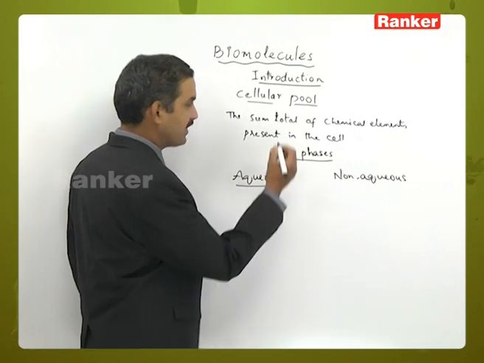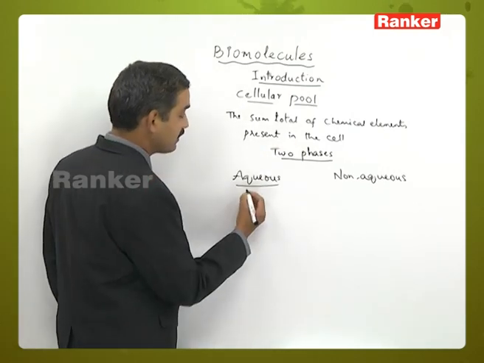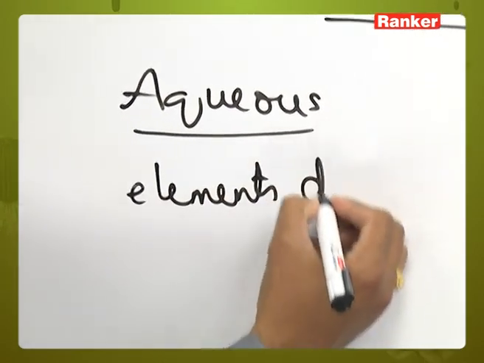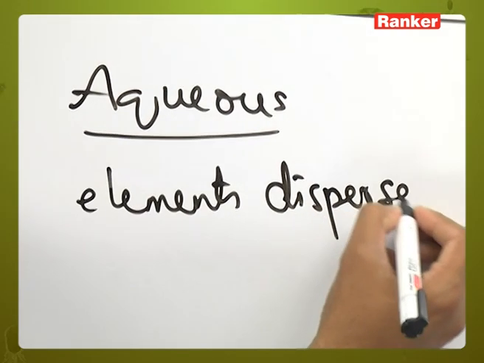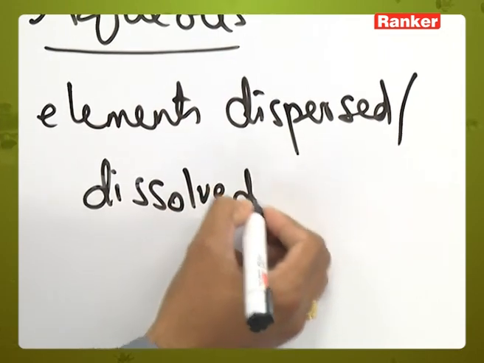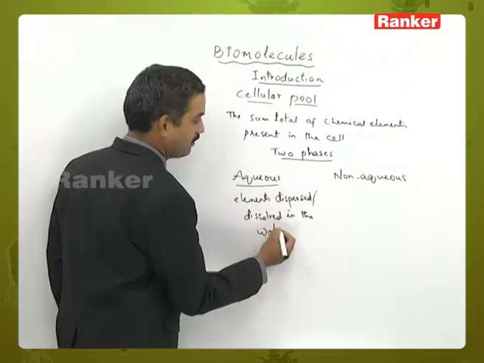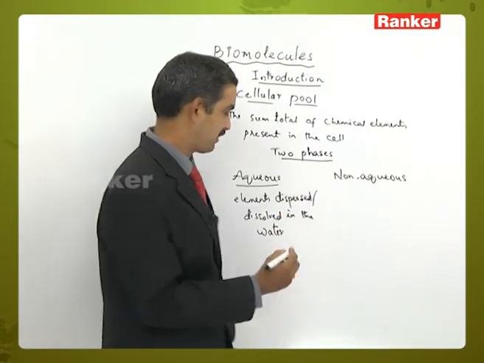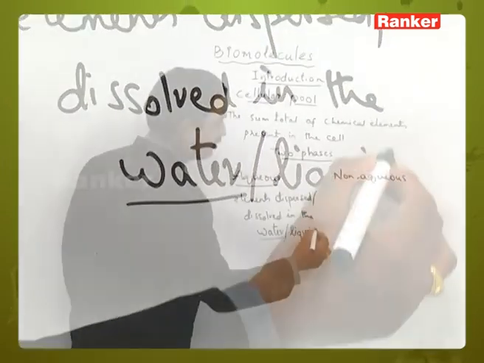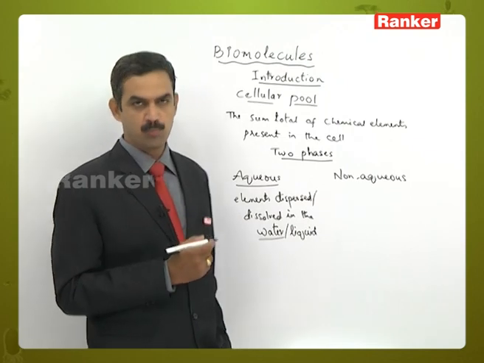Aqueous phase means the chemicals, the ions, the elements which are present are dispersed or some may be dissolved in the water content or the liquid content. Instead of saying water, if we say liquid content of the cell, that forms the aqueous phase of the cellular pool.